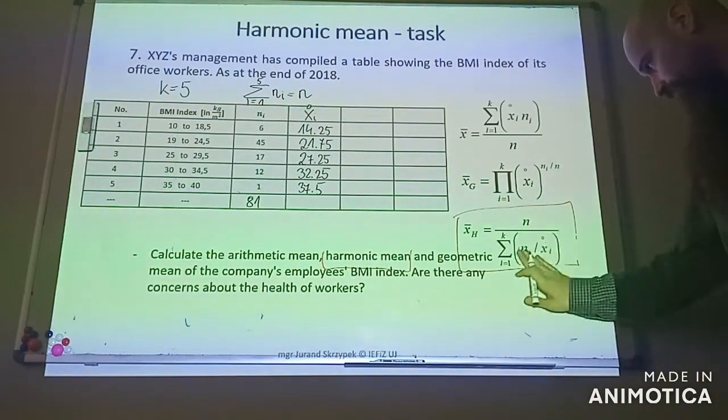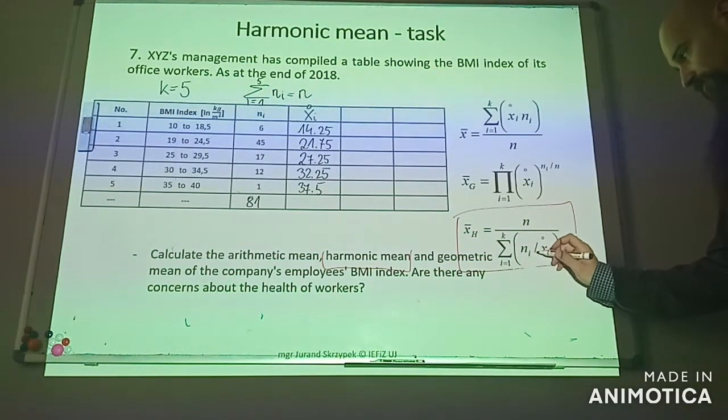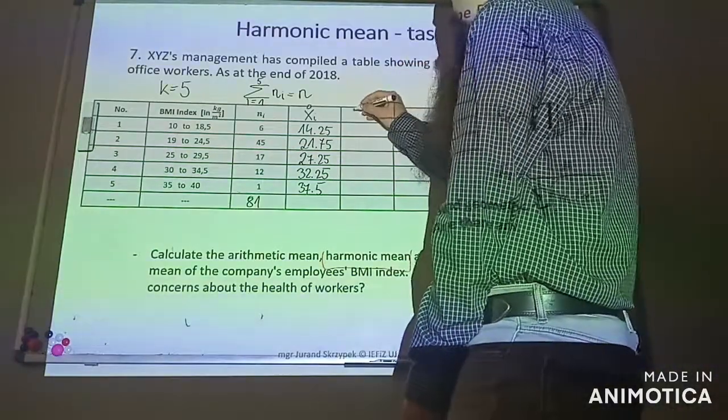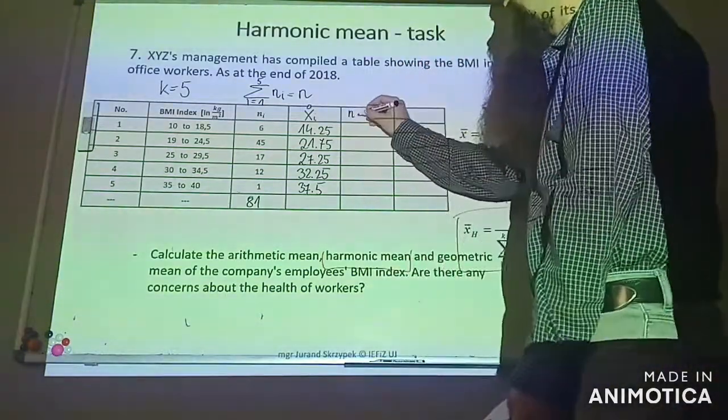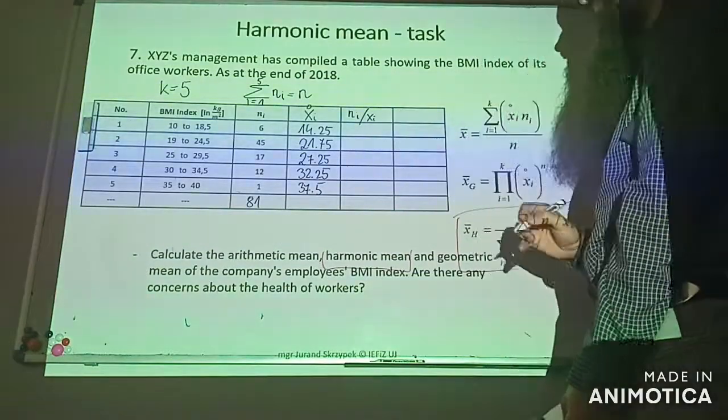Now we have a ratio between the frequencies and the middle of the classes. So we divide frequencies by middle of the classes.